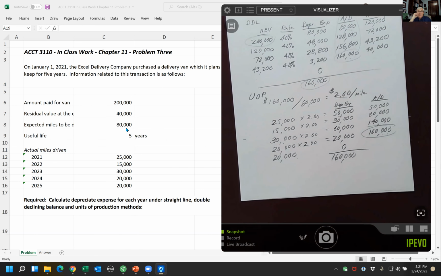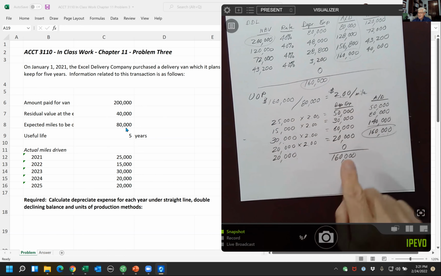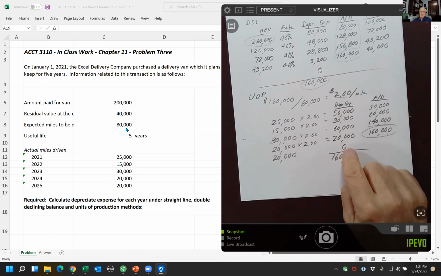So we used this for a lot more miles than we anticipated. So it might have been better to have a different upfront assumption, and then it would have been less than the $2 we depreciated. So it's really not correct.